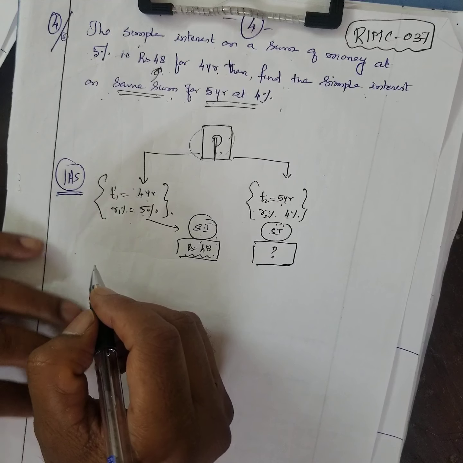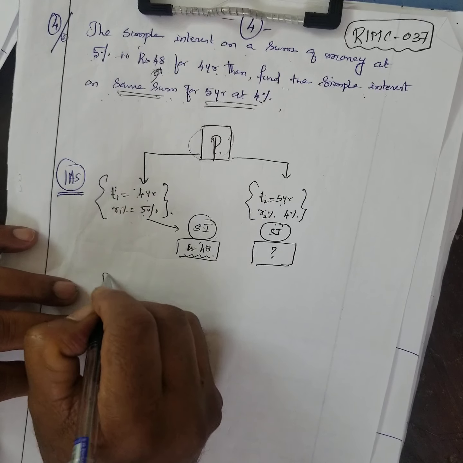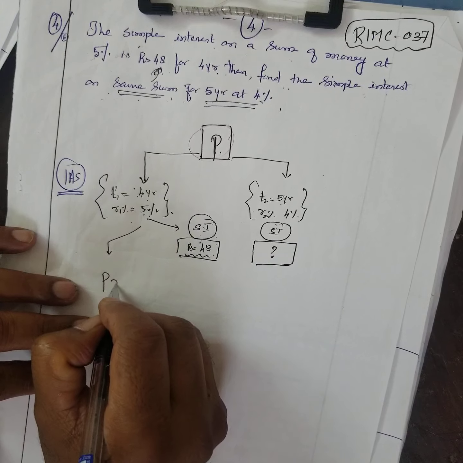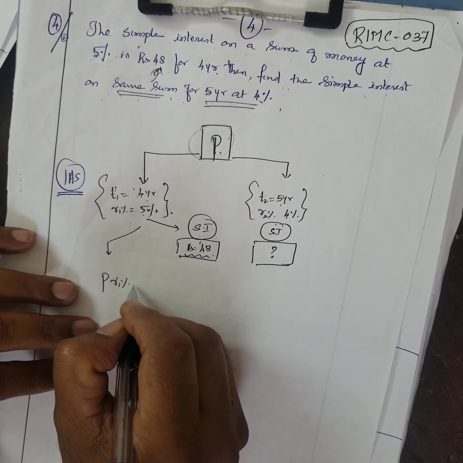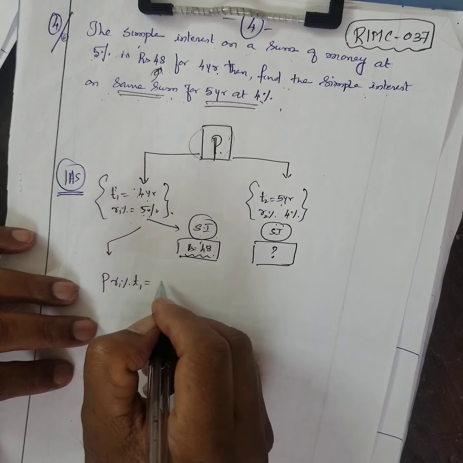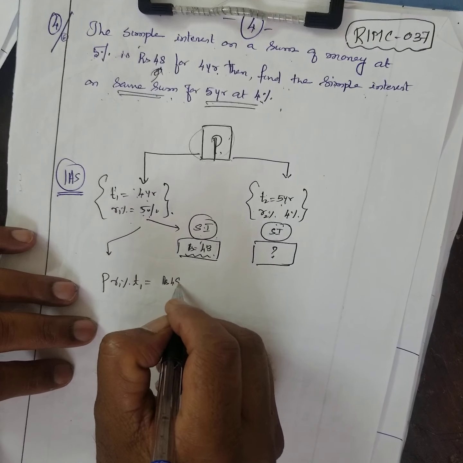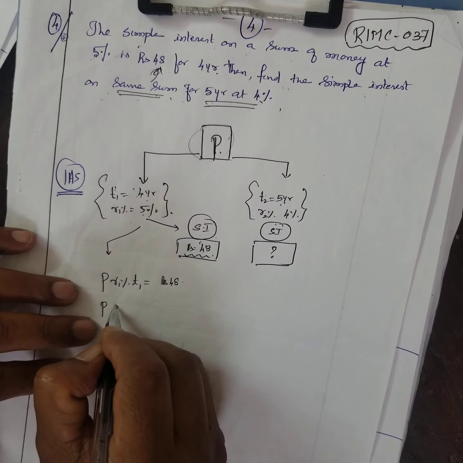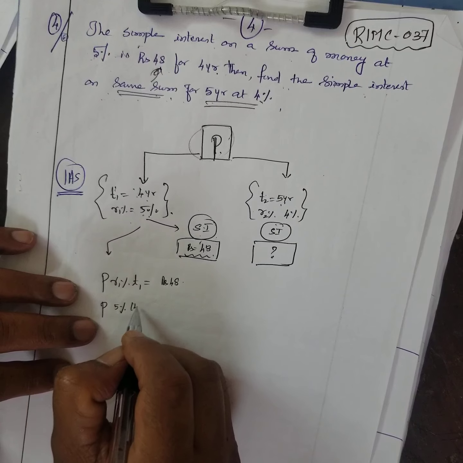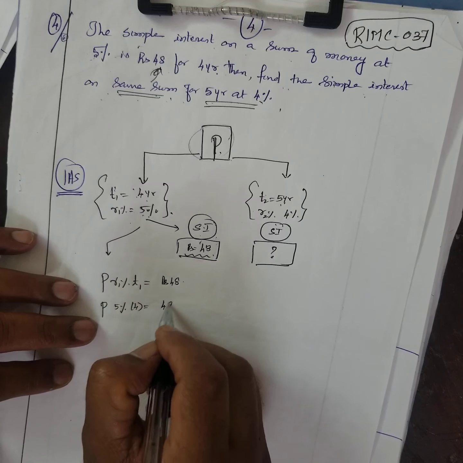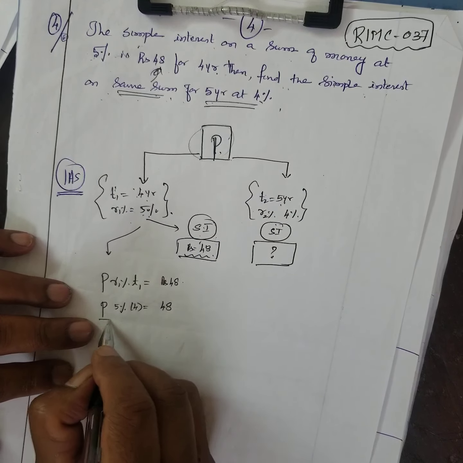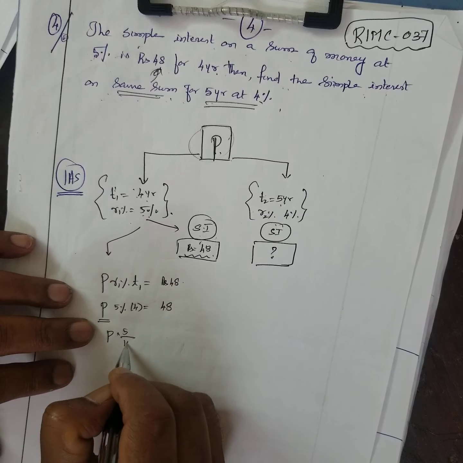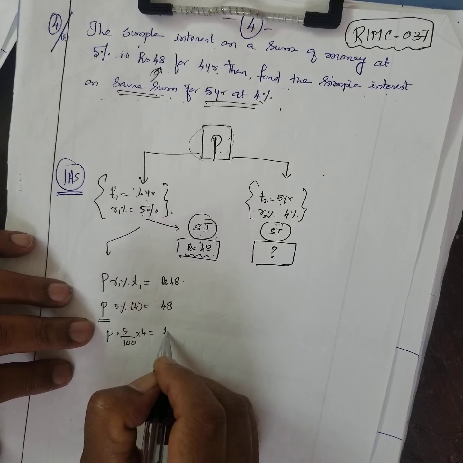Now, the first case: principal, rate of interest and time, is equal to 48. What is the principal? You don't know. Rate of interest 5%, time 4 years, is equal to 48. Don't put rupees here. Therefore, you can calculate the principal. P into 5 by 100 into 4 is equal to 48.